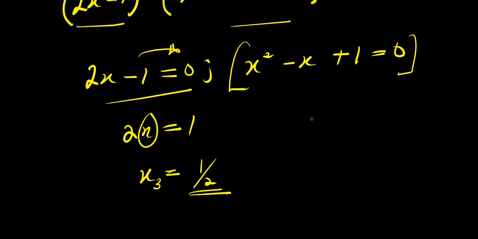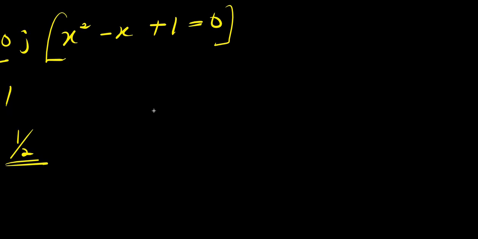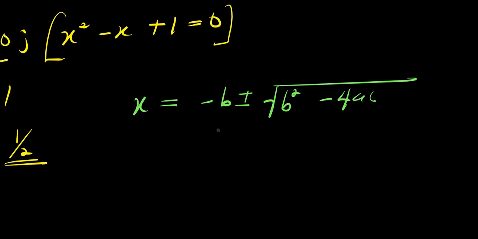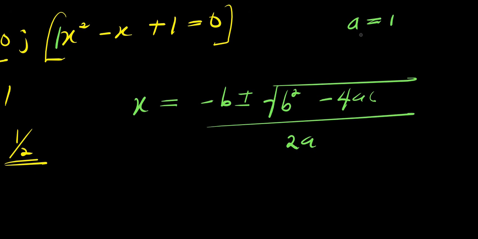Let's solve this quadratic equation for x4 and x5. You make use of the formula method: x = (−b ± √(b² − 4ac)) / 2a. A is 1, which is the coefficient of x squared.